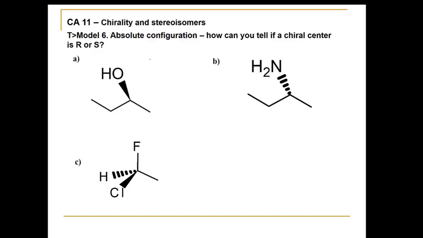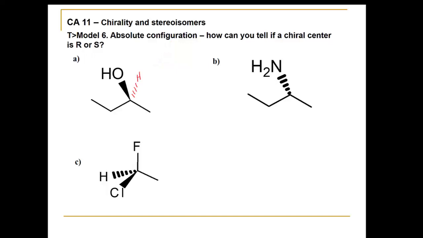For example, if I draw this butan-2-ol like this, there's no way that you can designate R or S because you don't know which particular enantiomer is being represented. We can still say there's a chiral center there, but we don't know which enantiomer it is.